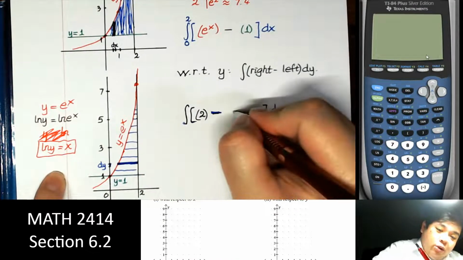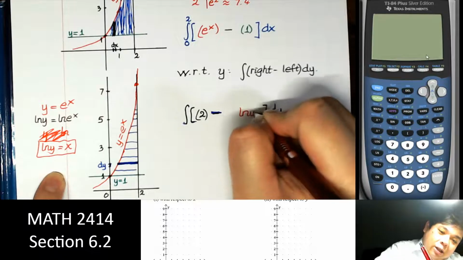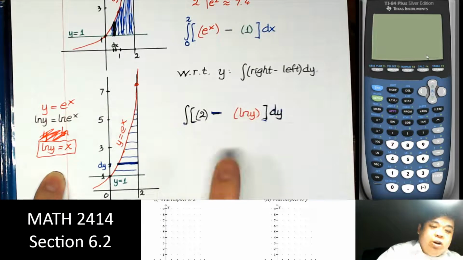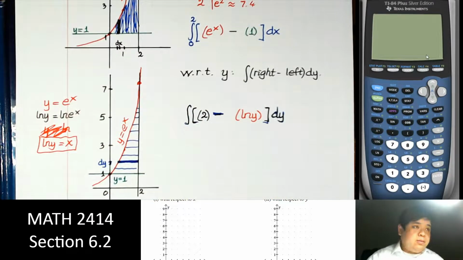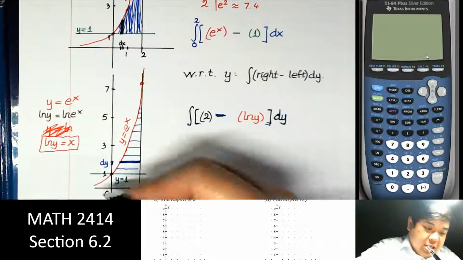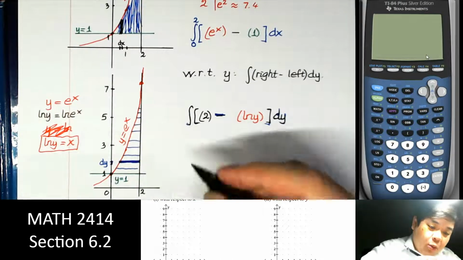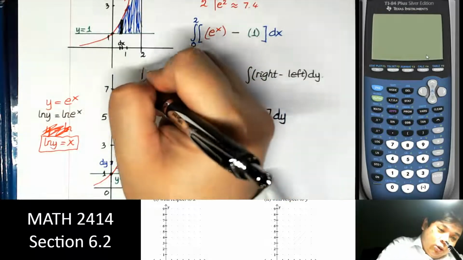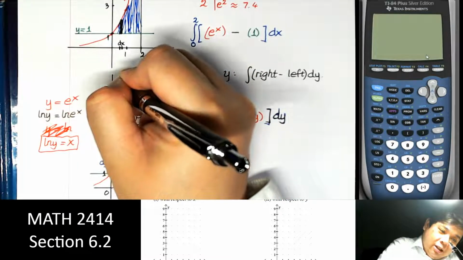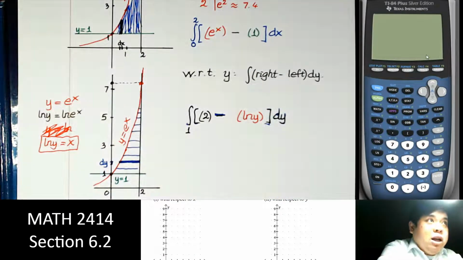So the function is ln of y: the function on the right minus the function on the left. Now the limits, the limit in terms of y. This region we're talking about, the lower limit is easy, from 1. And what will be that upper limit?